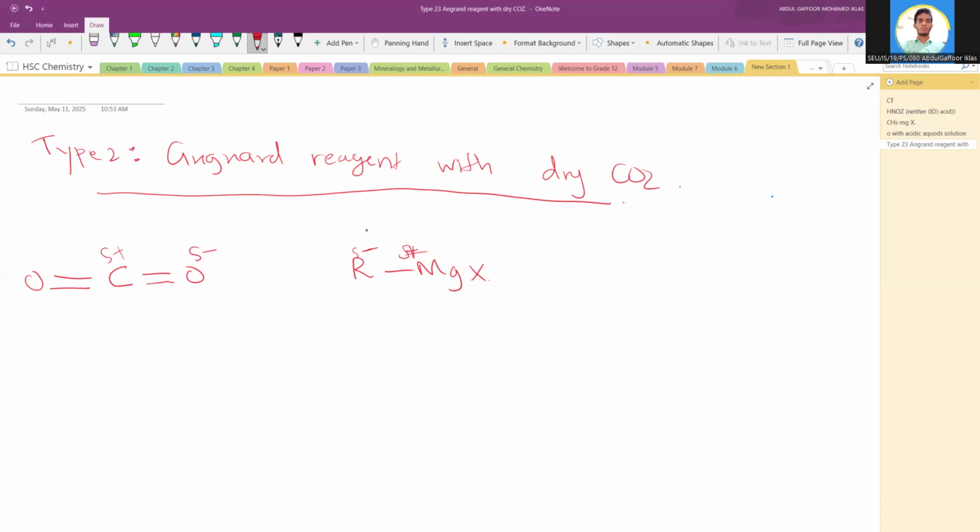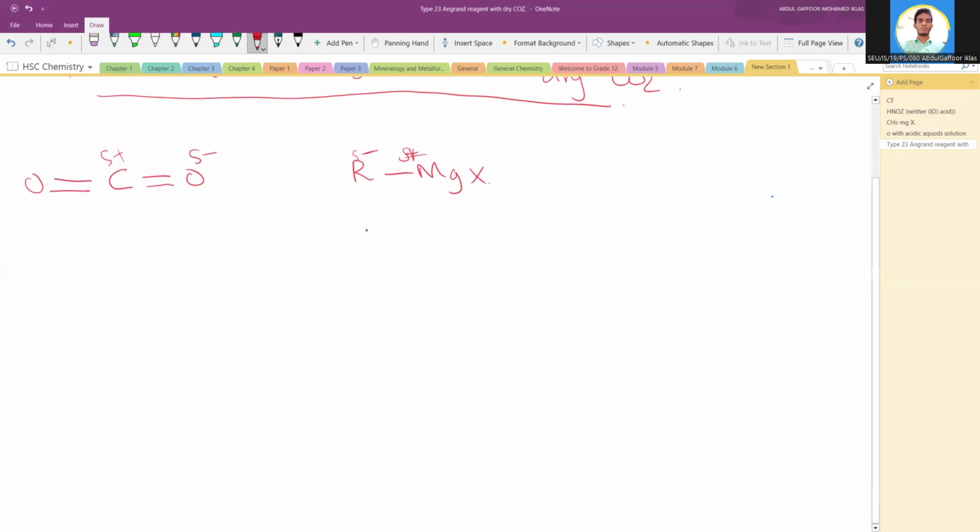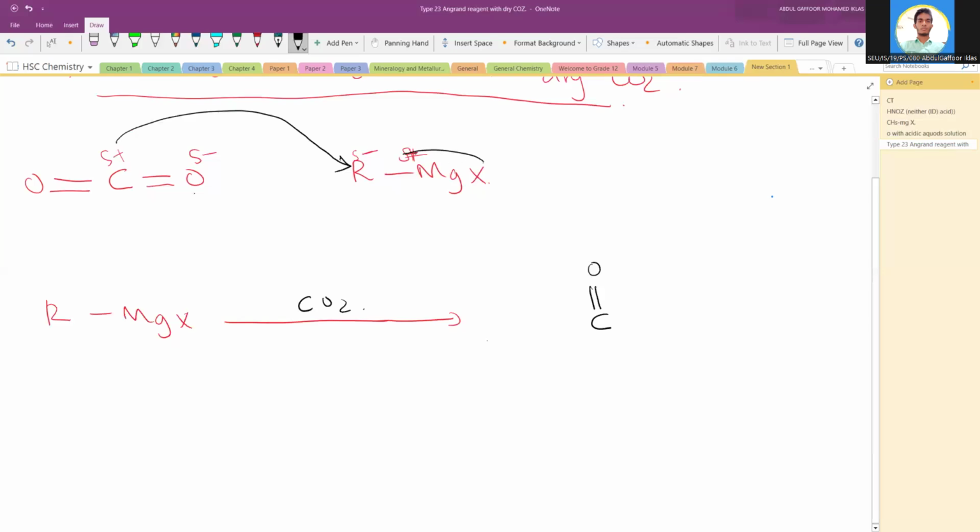So how are we going to predict the yield? Let's say we take RMgX and we put CO2. You see C double bond O. This delta plus carbon will attract the delta minus R group, and this MgX containing the positive ion will attract the delta minus oxygen.